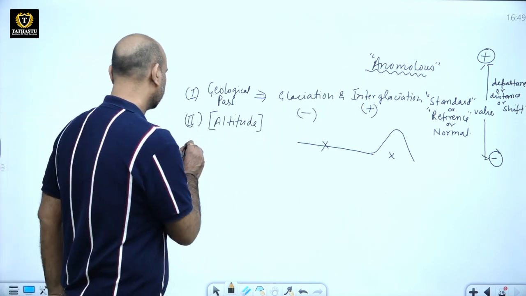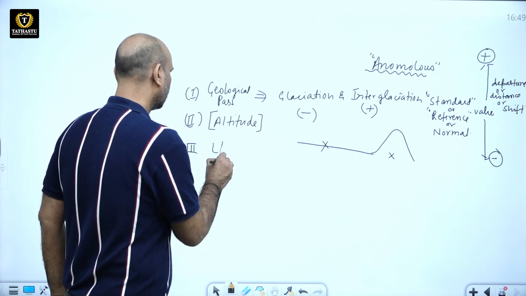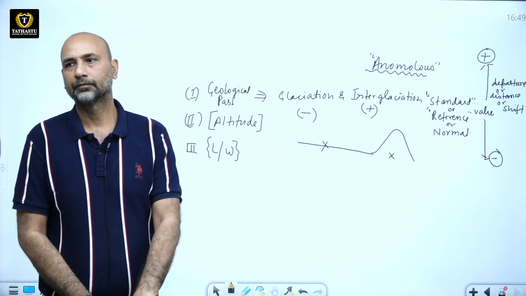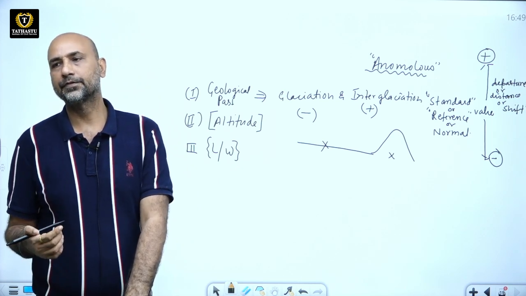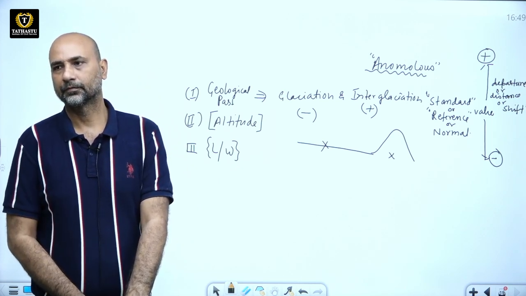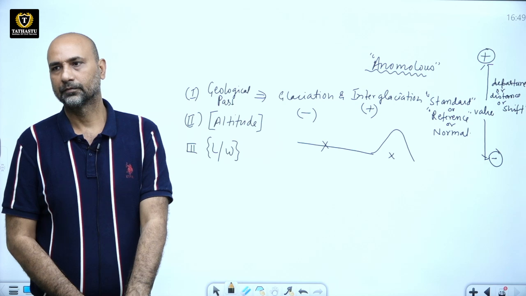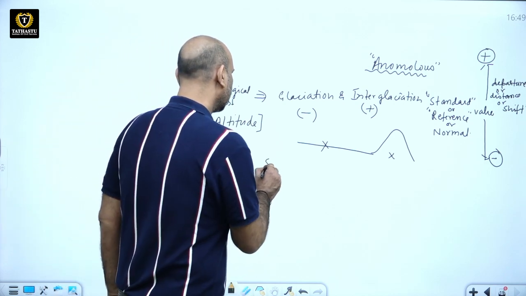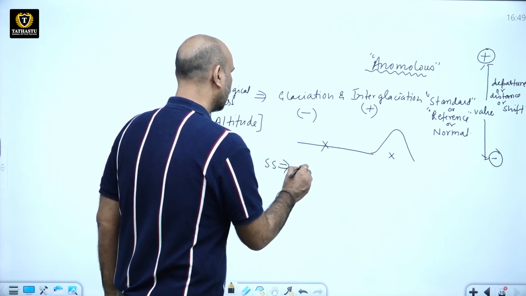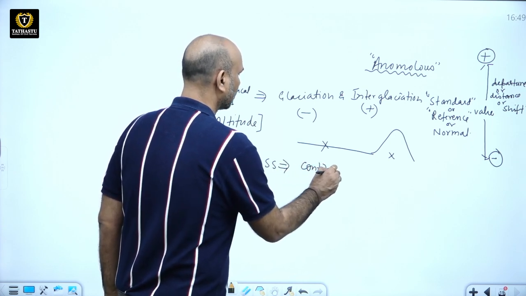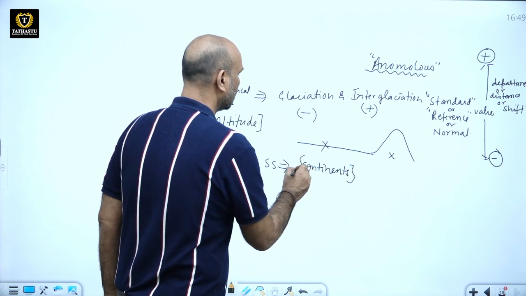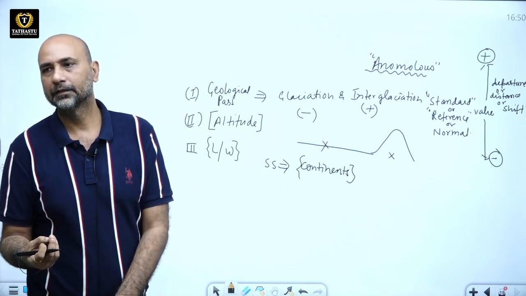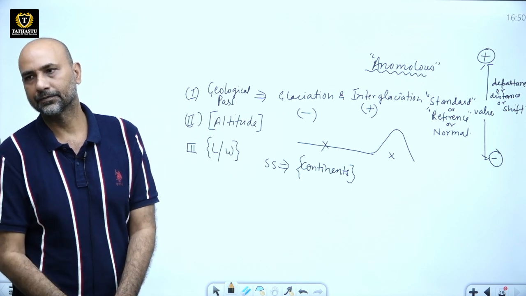Third, distribution of land and water is also a source of temperature anomaly. Remember that during summer season, continents have higher temperature compared to the surrounding oceanic surface.